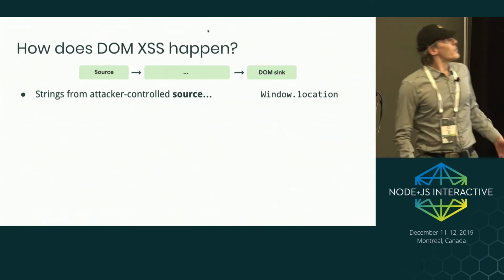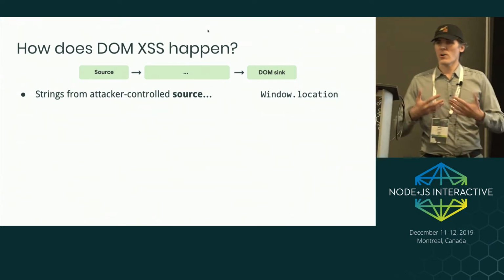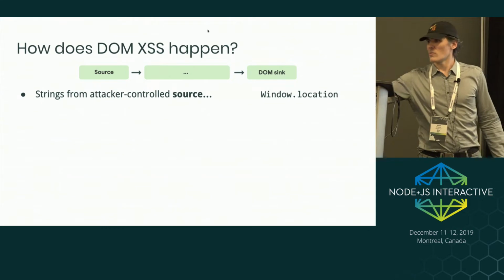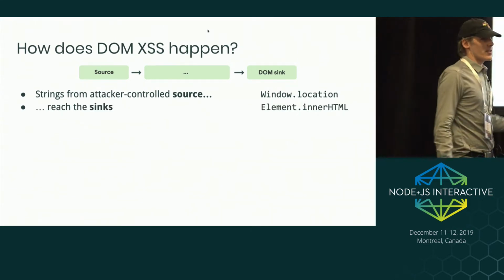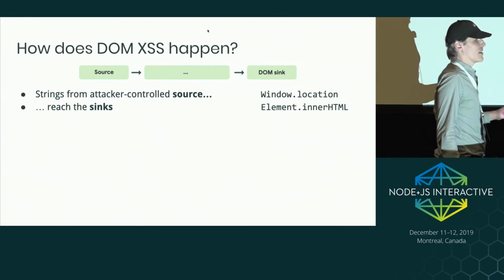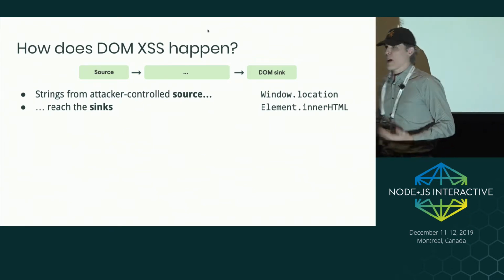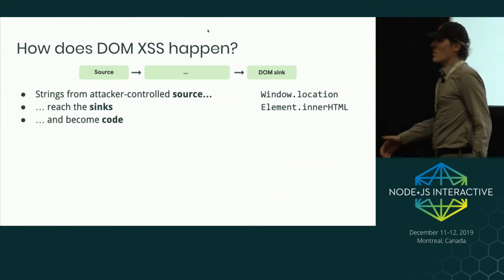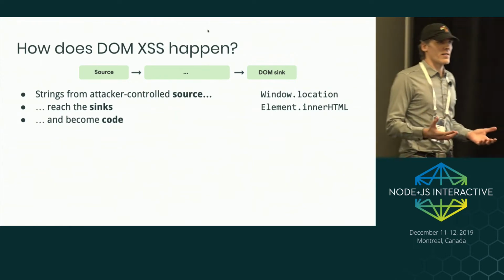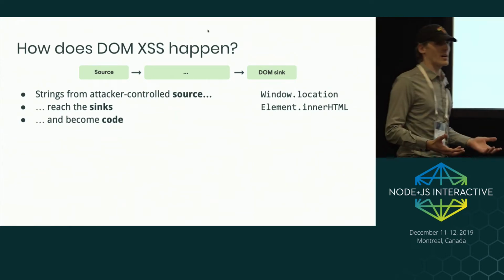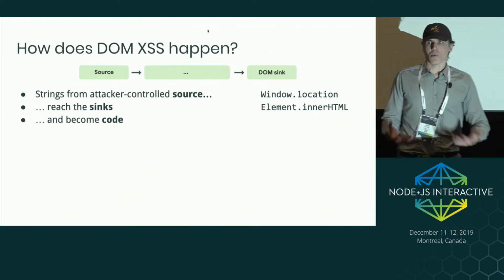For example, you might look in window.location, grab part of that, and make some decision based on that. And if that substring then reaches a DOM sink, one of these powerful APIs like element.innerHTML, bad things can happen. A string is just a string until part of your program decides to treat it as trusted code. And that's when it can do a lot of bad.